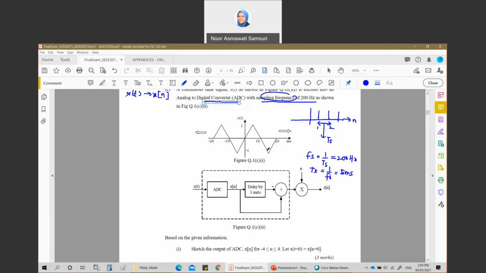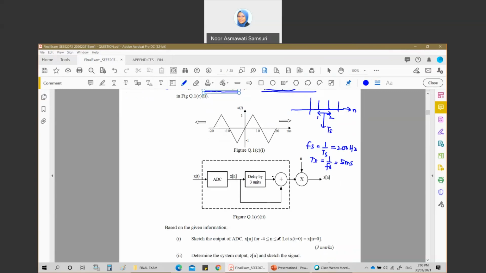So from here, the first question asks you to sketch the output of the ADC, xn. Okay, so in this case, you know that it should be something like this, but how to map this discrete signal into this, right? So the discrete signal being separated by 5 milliseconds, right?